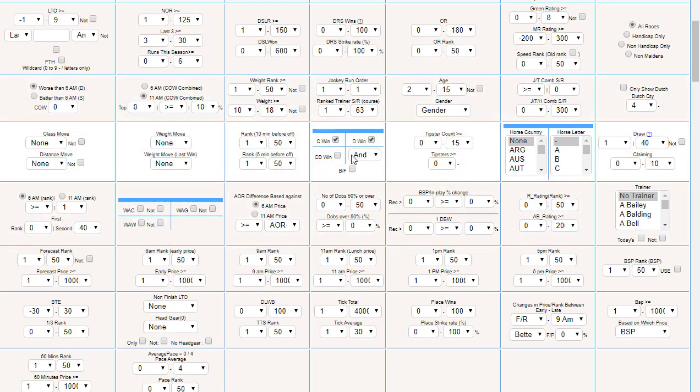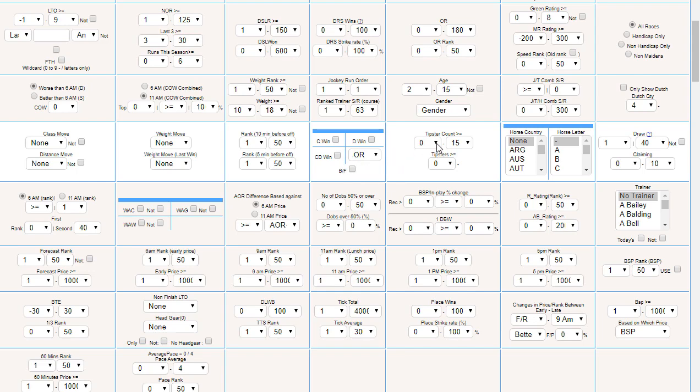So you have to get your head around that. If you choose that one, it's not the same as that one, which is course and distance at the same course, if you like, and then beaten favourite if you want to use it. So hopefully that makes some kind of sense. It's sometimes difficult to get those exactly right in your brain, but I've already explained that now.